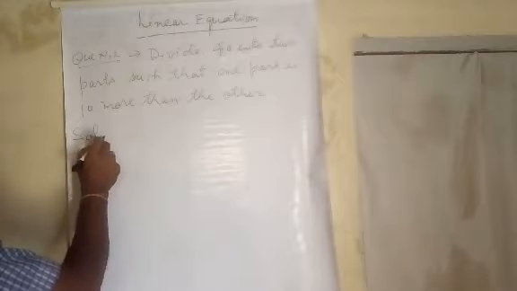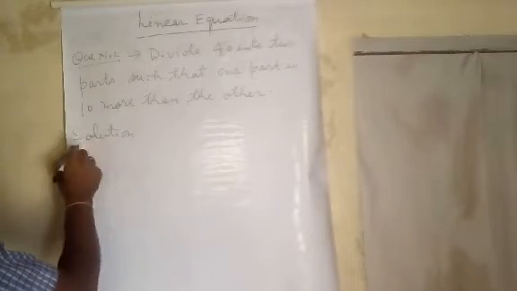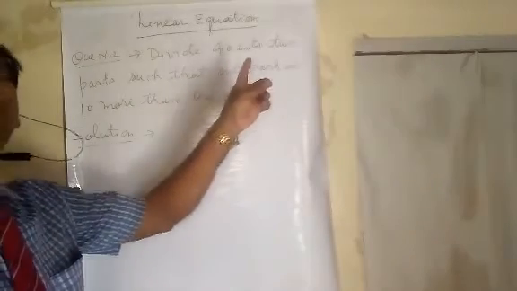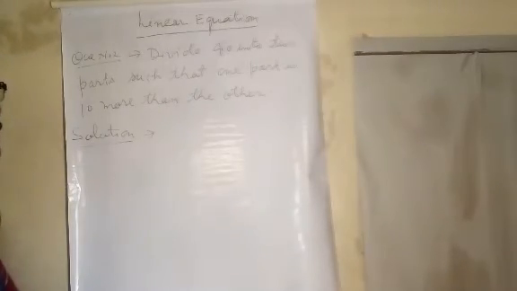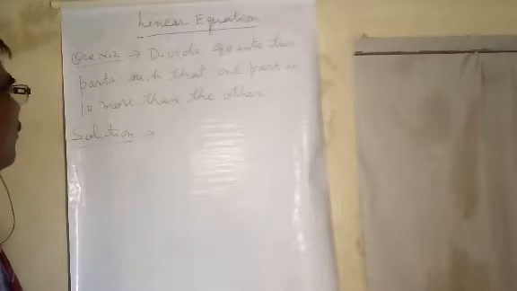Solution. In the given question, we have to divide 40 into 2 parts so that one part is 10 more than the other.